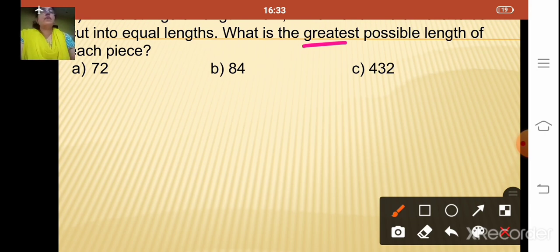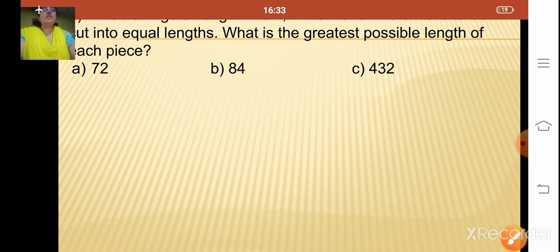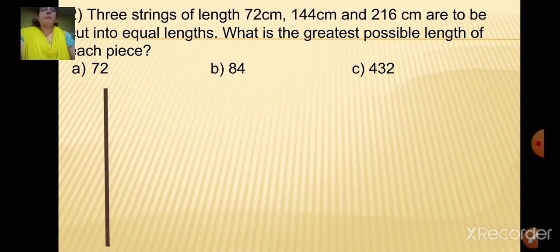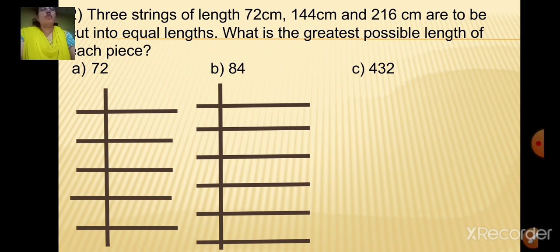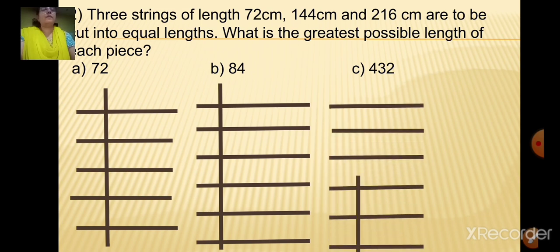Now let us first find the HCF of the numbers 72, 144 and 216. First let us draw the lines to find the prime factors of all the numbers.